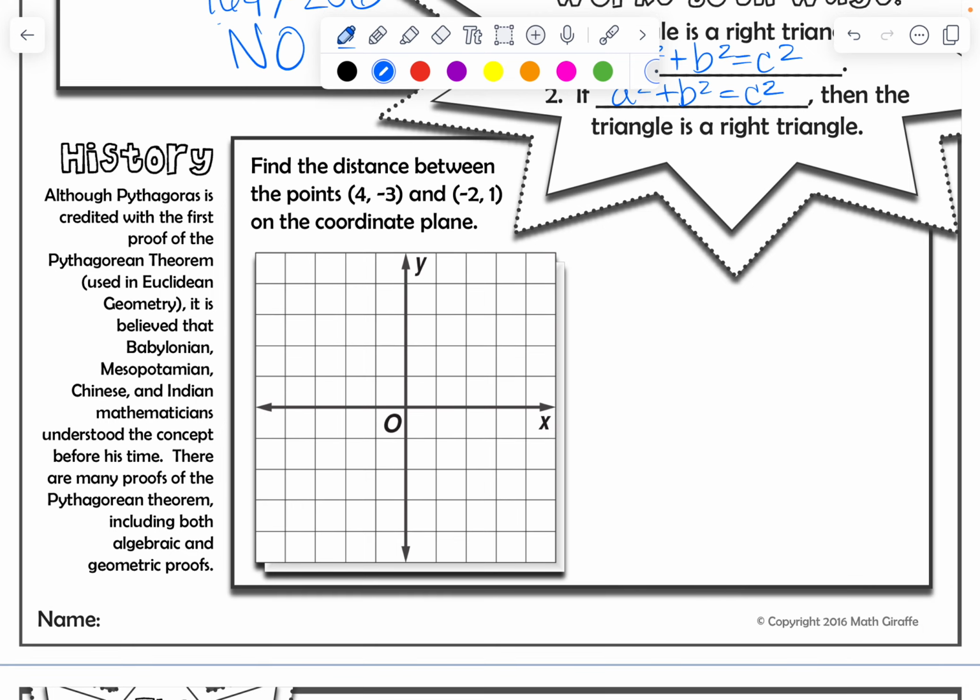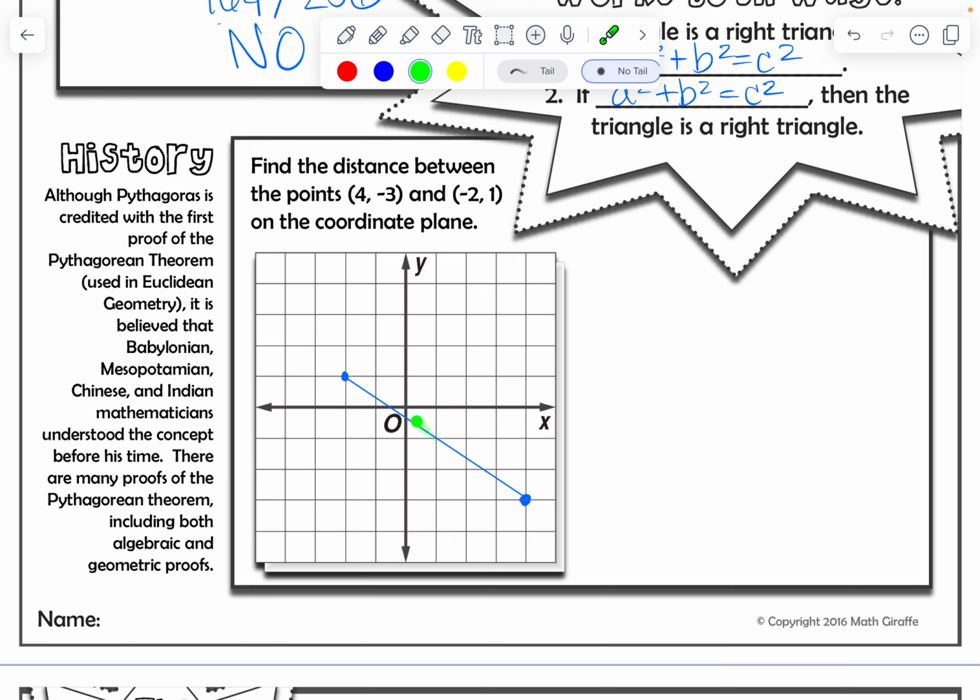All right, well, that looks kind of tricky to try to just count. I don't really have good spaces that I can just count up. So what we can actually do is we can create a right triangle that then allows us to figure out what that distance is. So now that blue line is my hypotenuse, and I have legs of my right triangle that I can use.